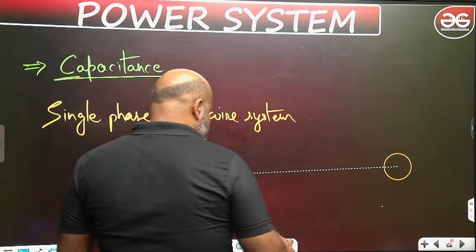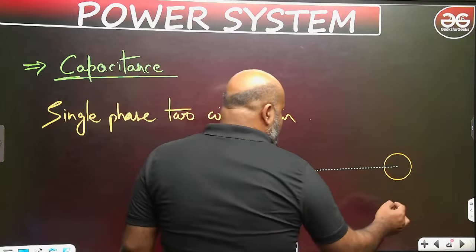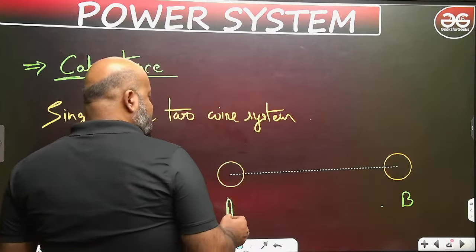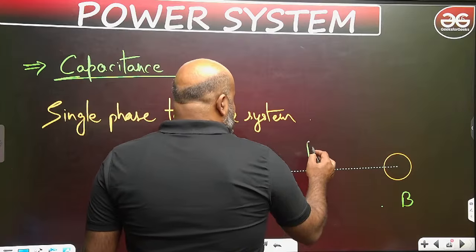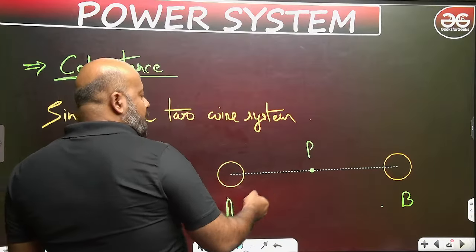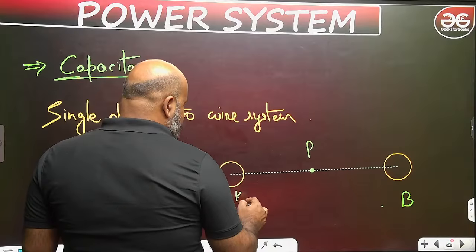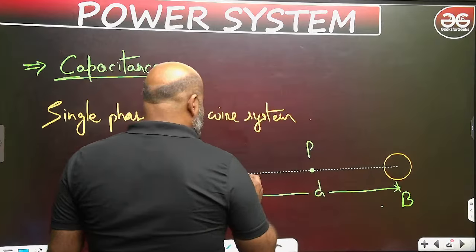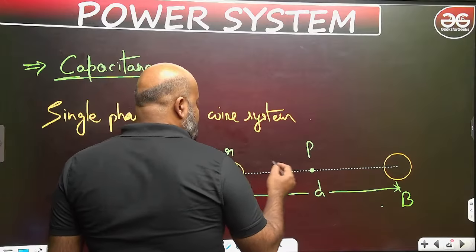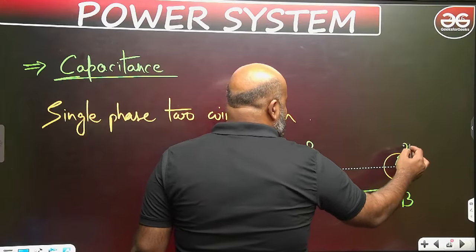This is A, this is B. This is a point P which is exactly midway between A and B. So this distance is D and the radius, suppose this is R1, R2, whatever you want you can take.